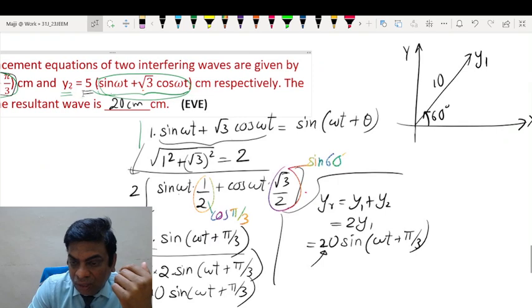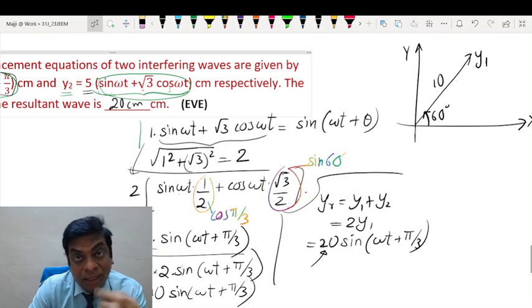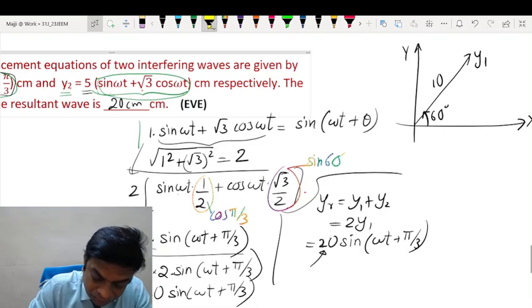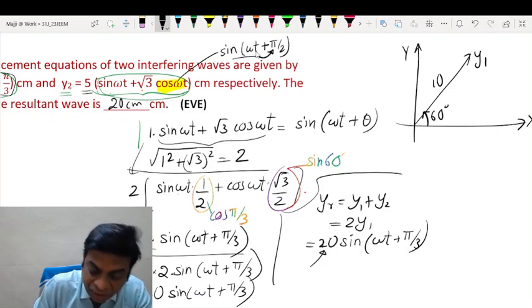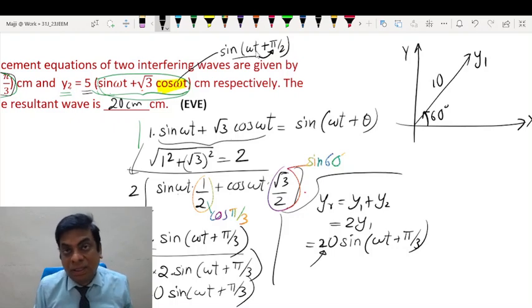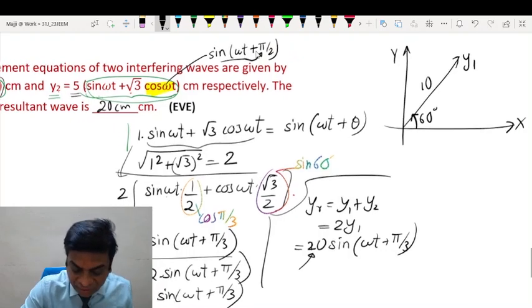For y2, you have this 5 along x-axis and 5 root 3 along y-axis, because cos can be written as sin omega t plus 90 degrees. So in the anti-clockwise sense from x-axis, if you move a 90-degree angle, you will reach y-axis.